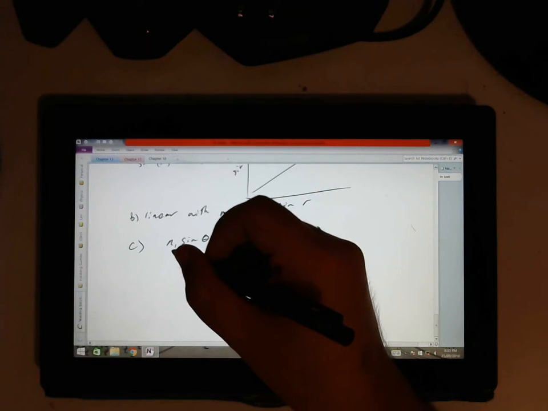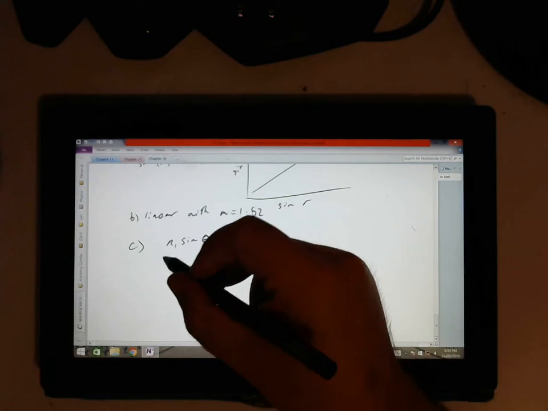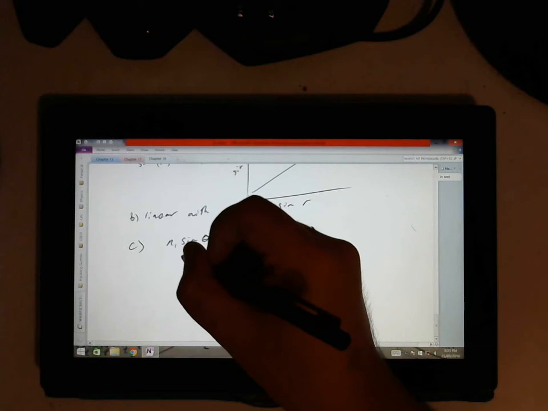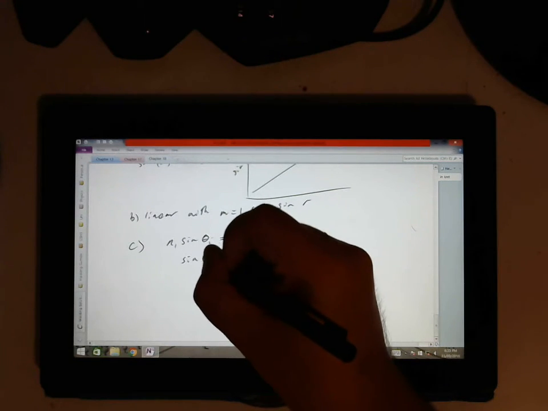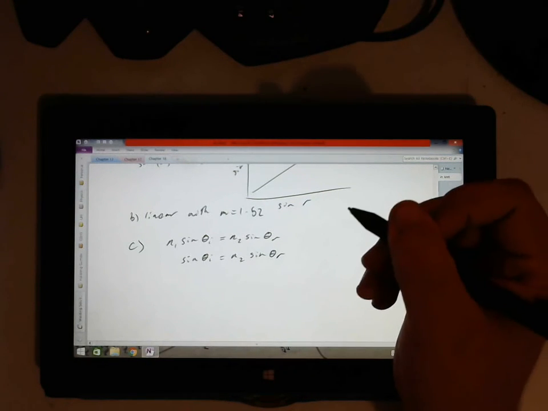It's air. It doesn't tell you explicitly in this that it's air, but it's saying students are doing experiments, so it seems reasonable that they're going to have it in air. But they do say the words absolute refractive index, which means it has to be in relation to air. So n1 is 1. Let's ignore that. So now we're left with sine theta I equals n2 sine theta R.